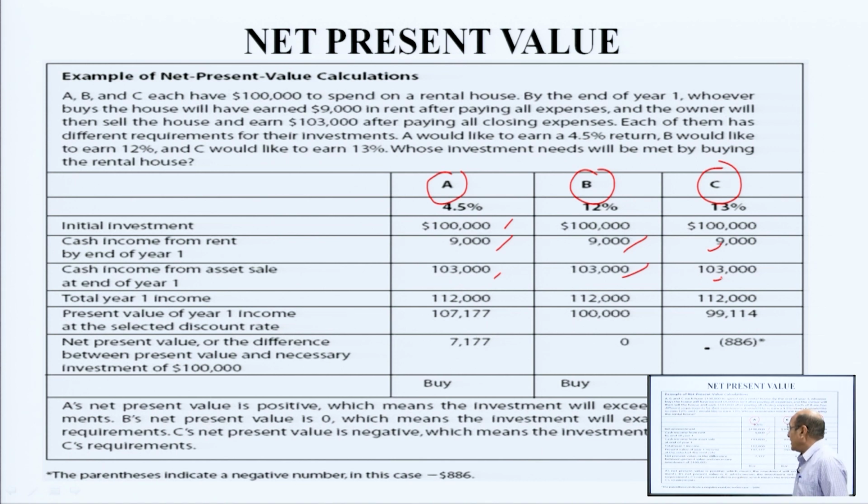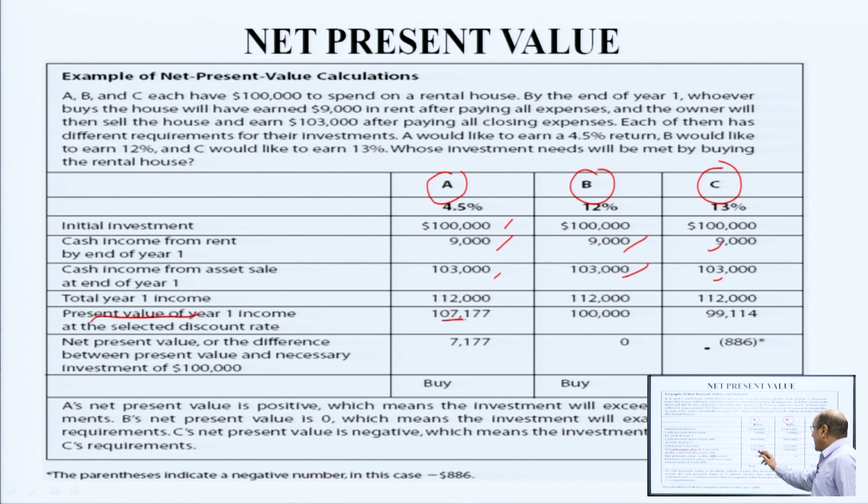Total year 1 income is 1,12,000 for all of them. The present value of year 1 income at the selected discount rate.